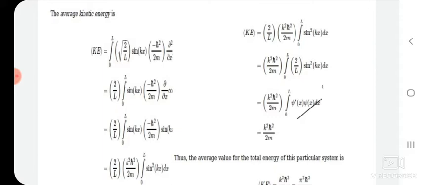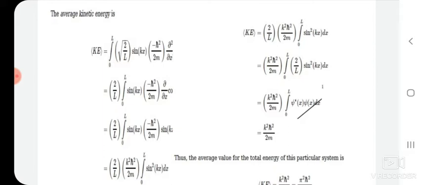Now, if we simplify this integration, it gives k square h cross square by 2m only, because the integral of 0 to L sin square kx dx gives L by 2.